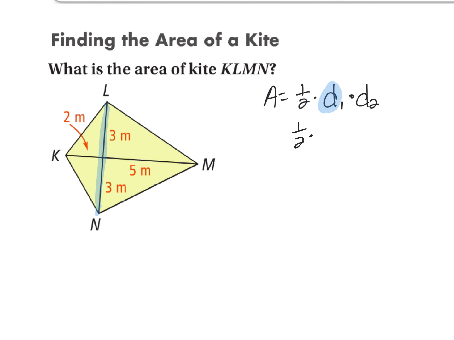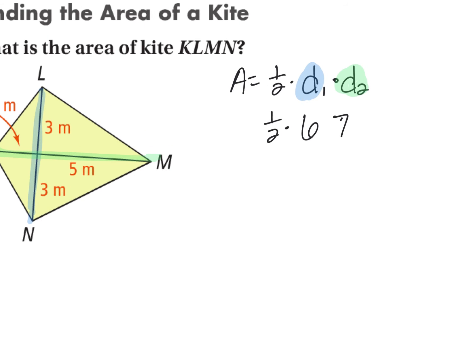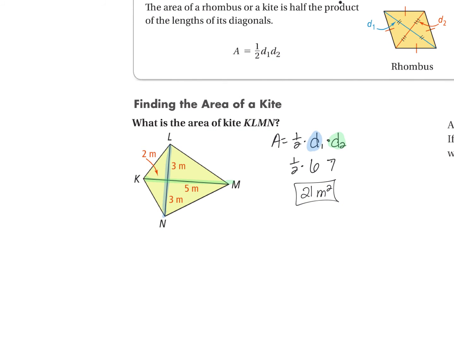I'm going to have 1/2 times, well, that is going to be 3 plus 3, so 6. And then I'm going to have D2 be this distance right here. And what would that be? Well, that's going to be 7. Now let's do our formula. 1/2 times 6 times 7 would be 21 meters squared. And that's it.